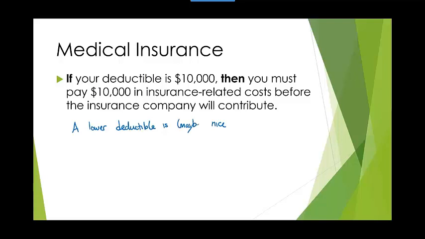But life is rarely black and white, right? So it's maybe nice because that's a perk of the plan. But because it has that perk associated with it, that means that generally those plans cost a lot more per month.